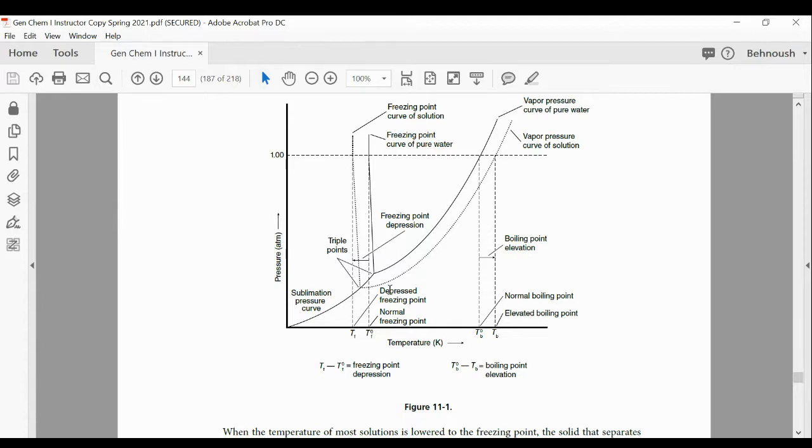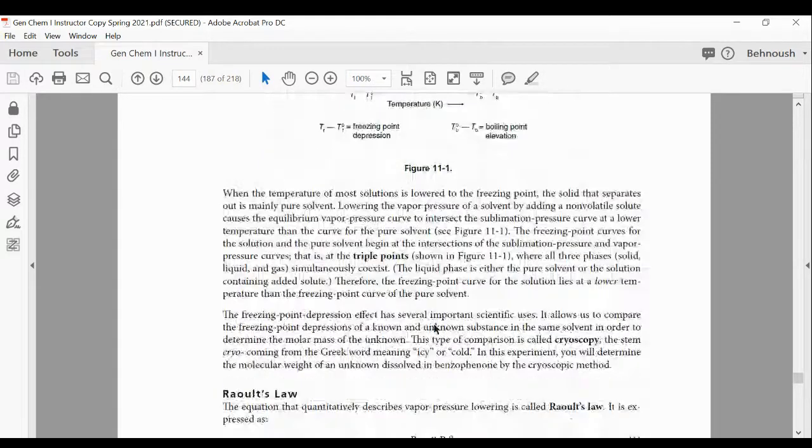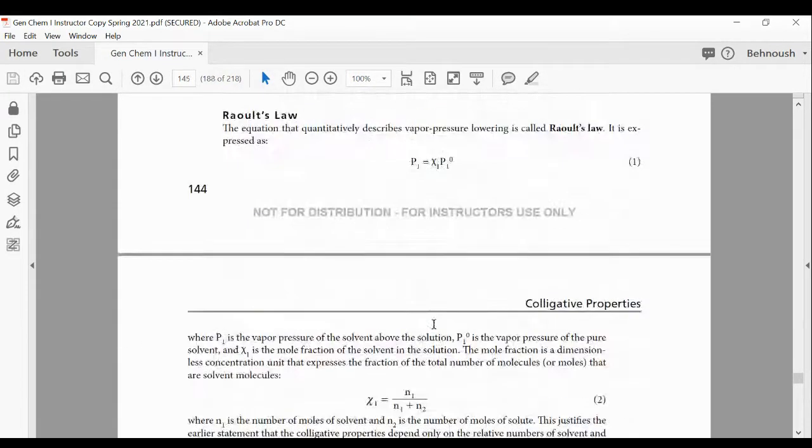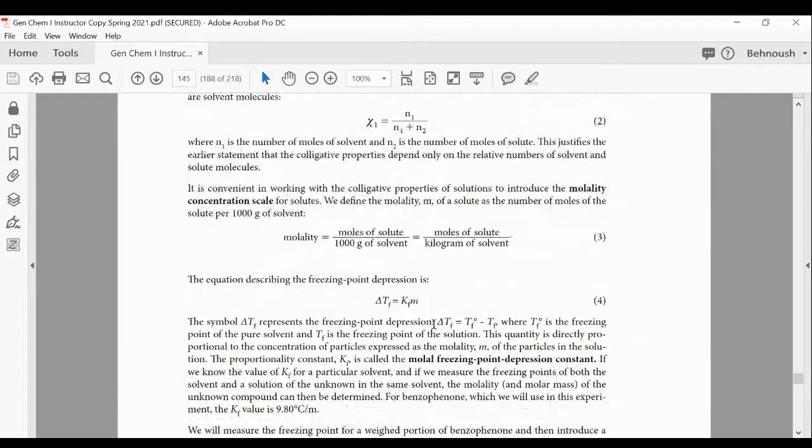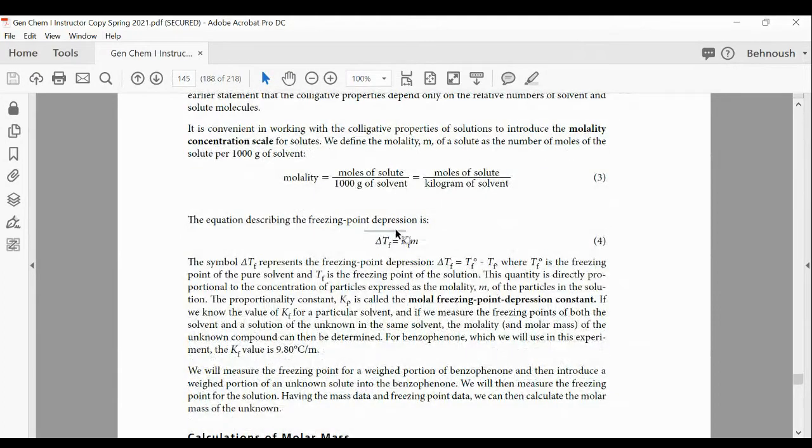Now, that freezing point depression depends on the concentration, and we can use that concentration factor in order to find molar mass again. So we have two steps. Delta TF, the change in freezing point, equals KF times molality. KF is a constant value. Does KF depend on the solvent or the unknown compound that you're adding?